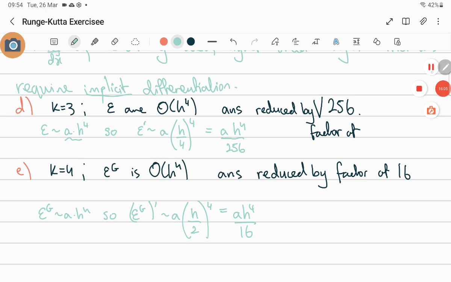What order Runge-Kutta has a similar error order to 4-term Taylor? Here I think what you want to do, if you don't learn it off, is to work it like this. Runge-Kutta 1, which is Euler's method, is similar to 2-term Taylor. So they're basically the same. So which Runge-Kutta is similar to 4-term?